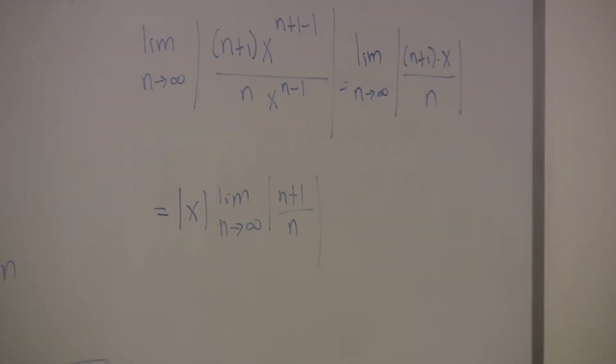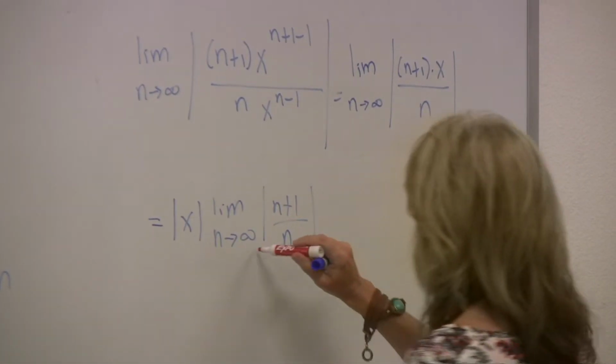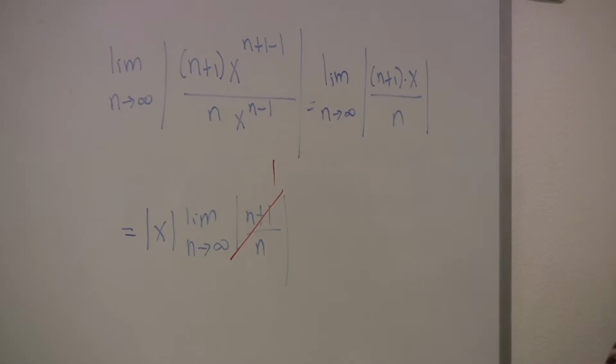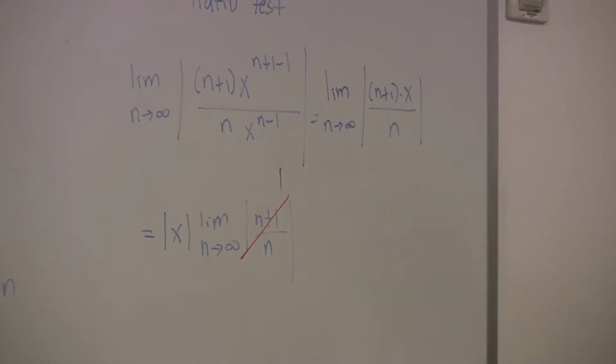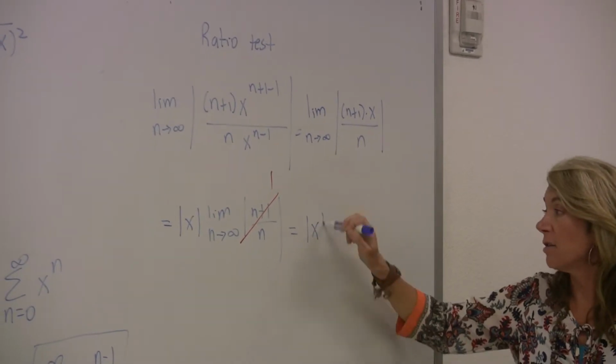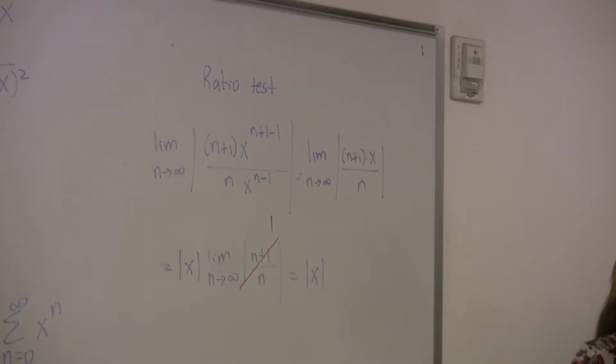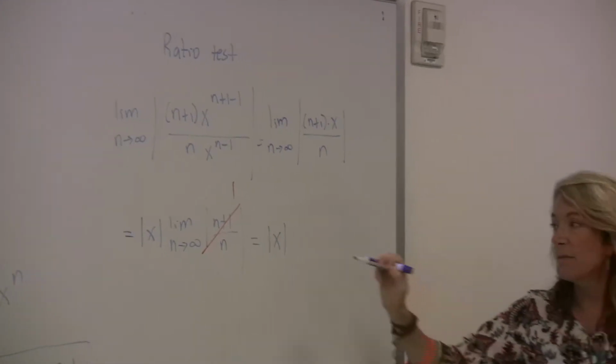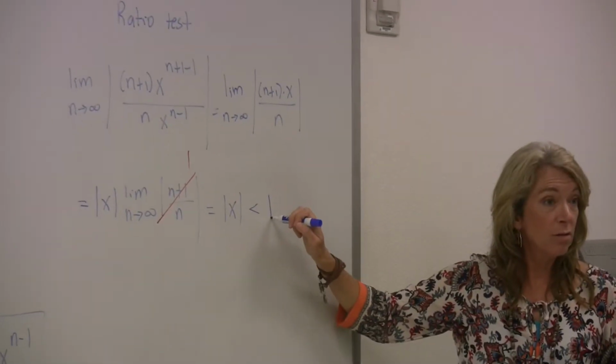What does that limit go to? That just goes to 1, right? n over n, 1 over 1. So this equals the absolute value of x, and I want that to be less than 1 to make it converge.